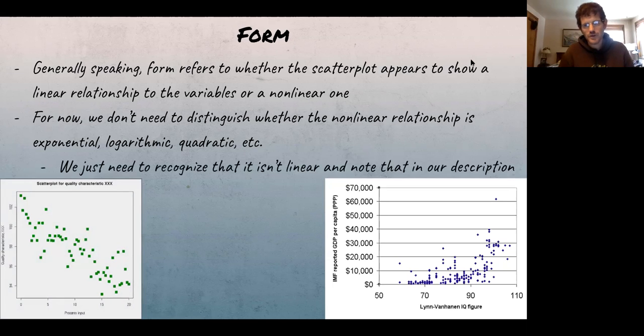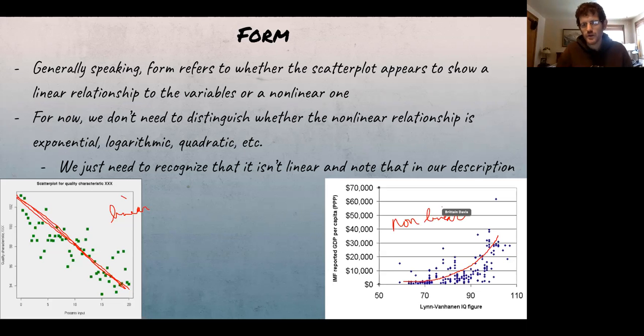Okay, so if we look at these two, we could probably quickly see this one. I could draw a best fit line right here, and it looks linear. This one right here, I would probably want to draw something that looks like this. That seems to be a best fit line. So between the two, this one's definitely linear, and this one is nonlinear.